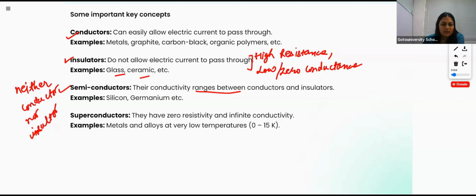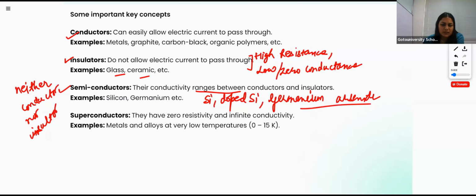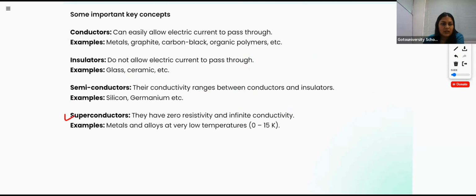Examples of semiconductors are silicon, doped silicon (doped means silicon with impurity), and germanium arsenide, etc. So semiconductors are those which are neither conductor nor insulator.